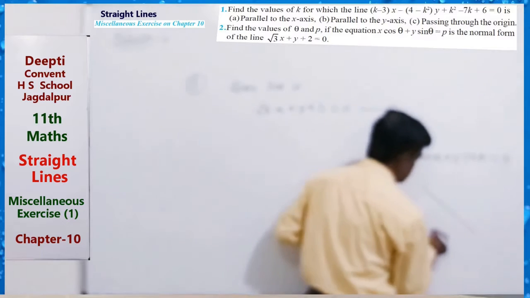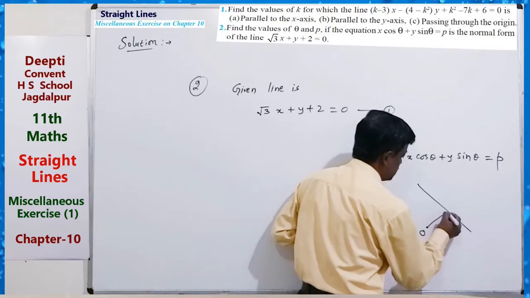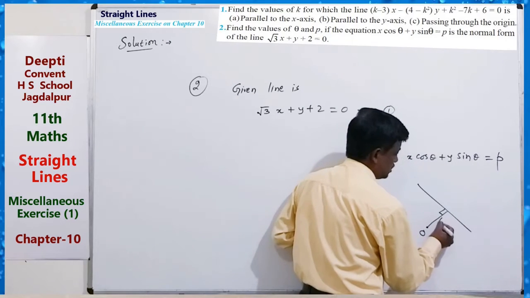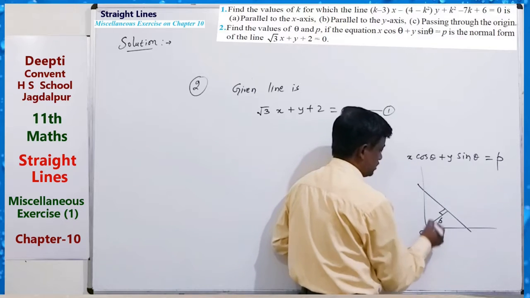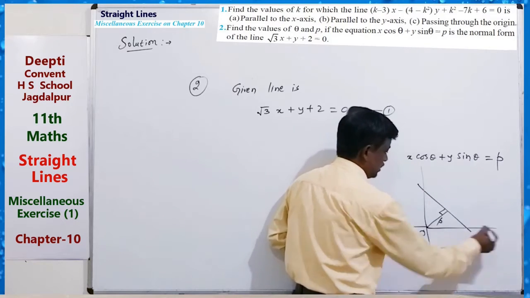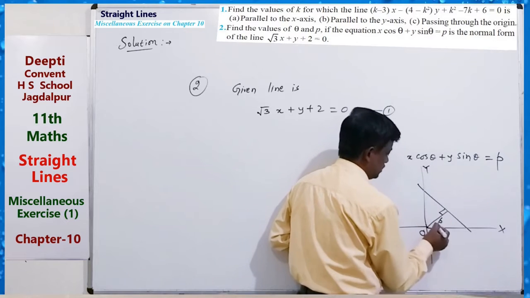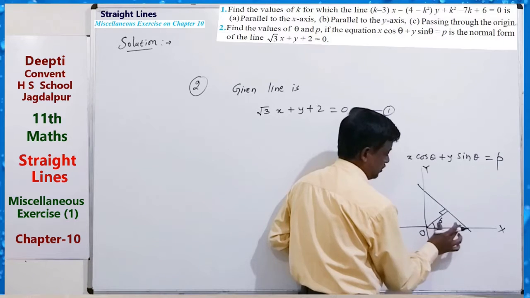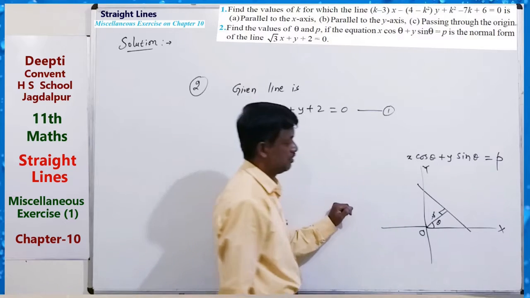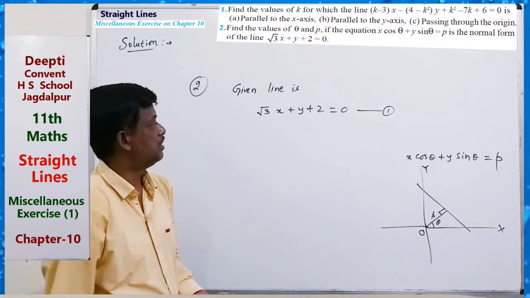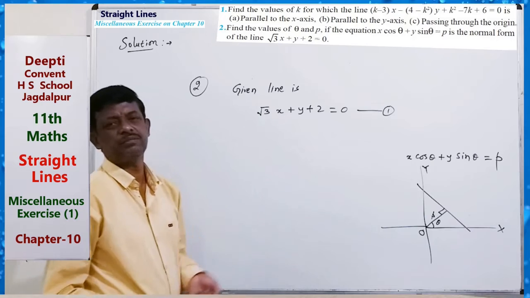This is the line, this is the origin, and this is the perpendicular distance p. And if this is the x-axis and this is the y-axis, this angle is theta. Okay. Just we have to find theta and p. So we know the method.